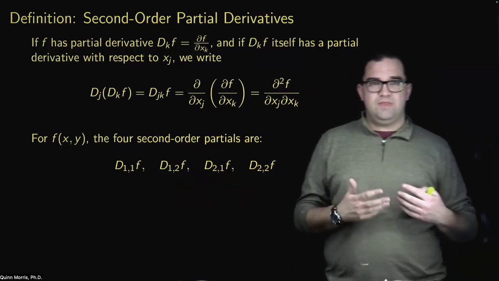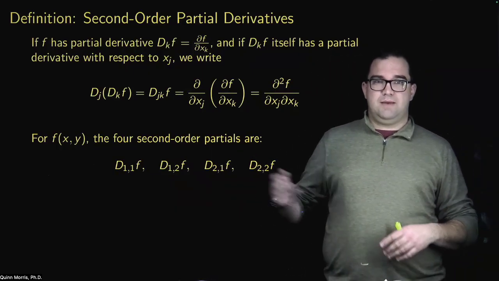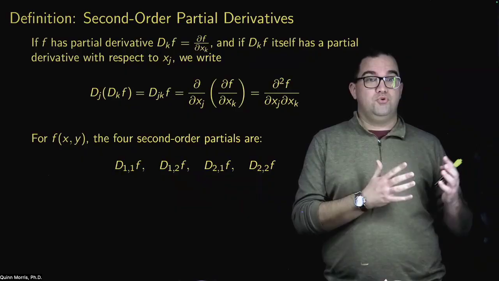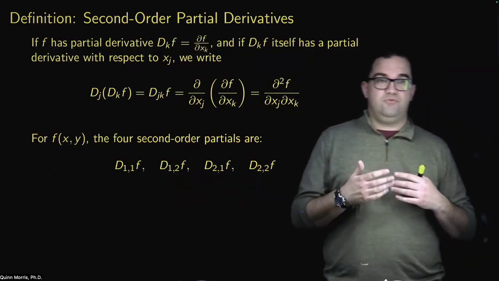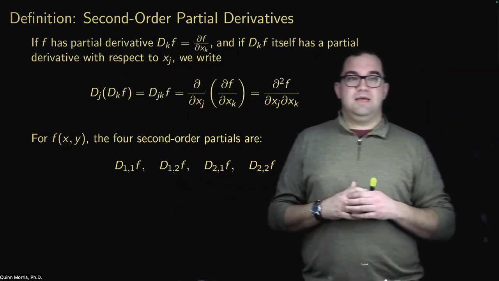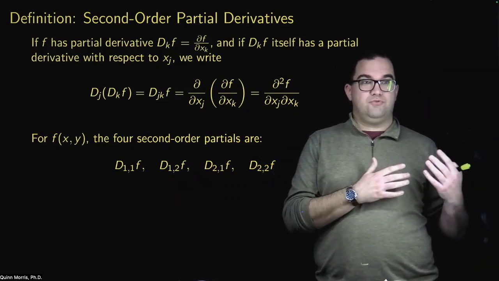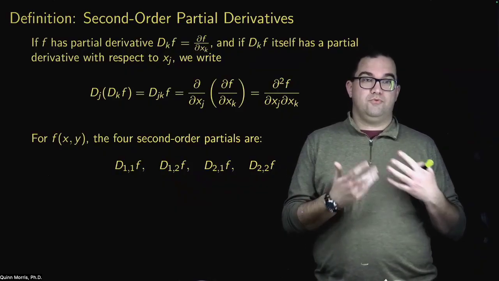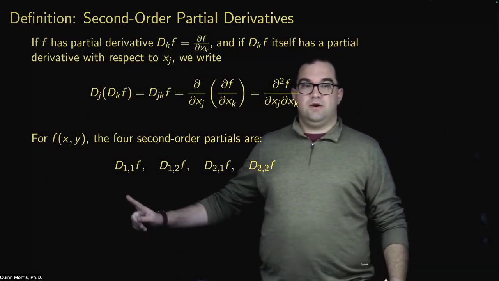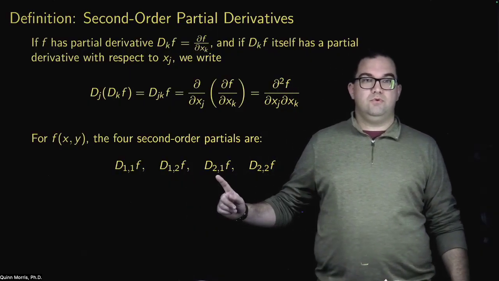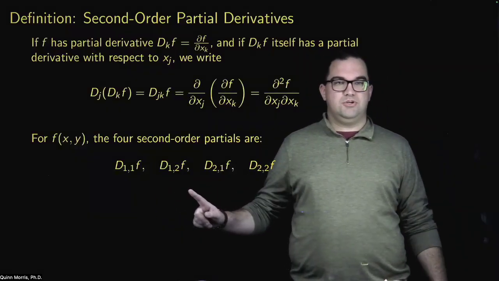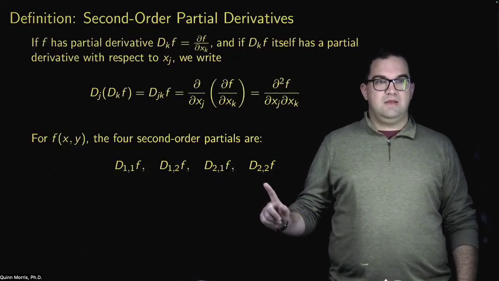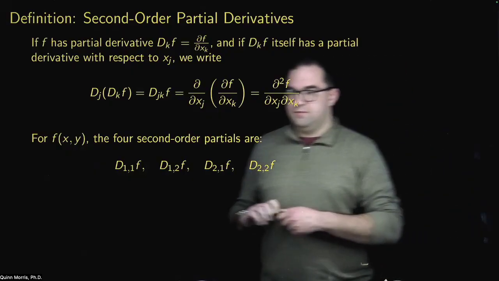So if we're in the case, for example, where we have a function from R2 into R, so we just have two variables, say x and y, then there are just four second-order partial derivatives. So if you're in R2, there are two squared second-order partial derivatives. So they're d11 of f, d12 of f, d21 of f, and d22 of f.